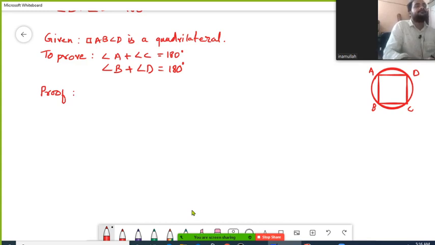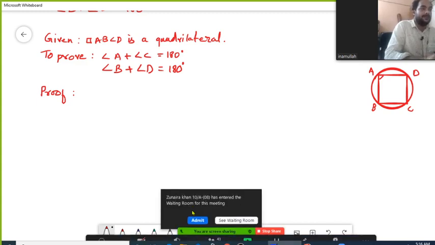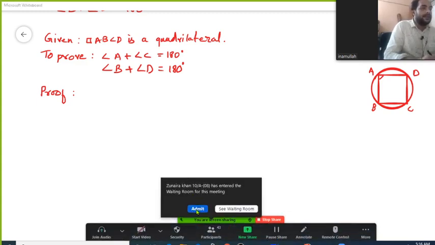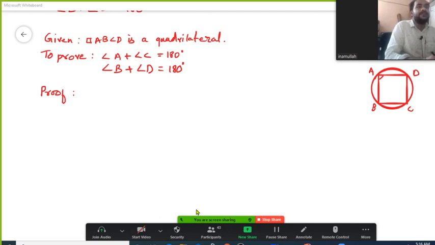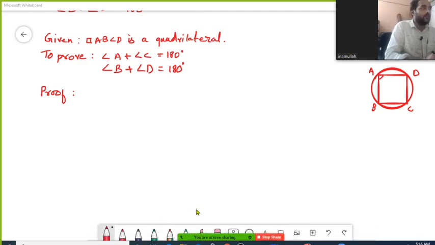Now here I can say angle A is an inscribed angle and its corresponding intercepted arc is arc BCD. So here we can say angle A is half of major arc BCD.